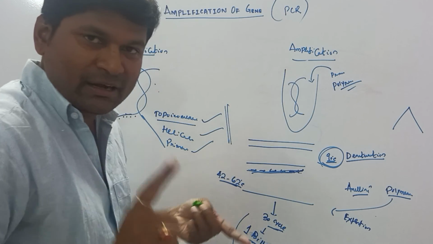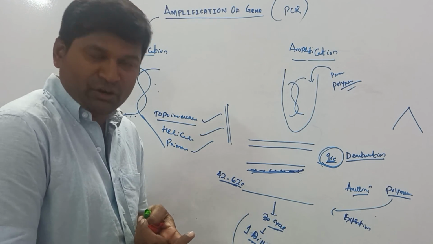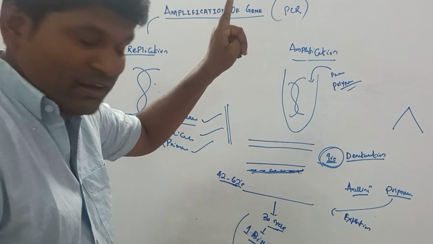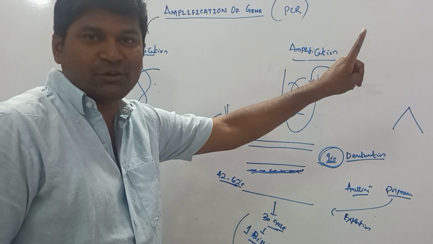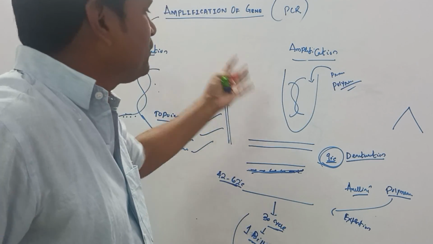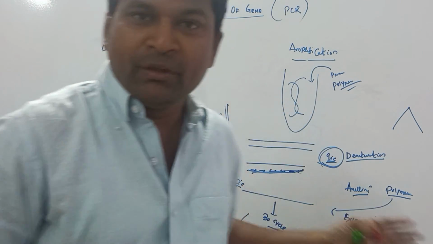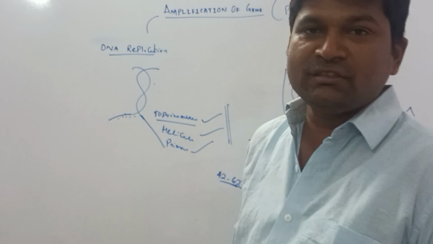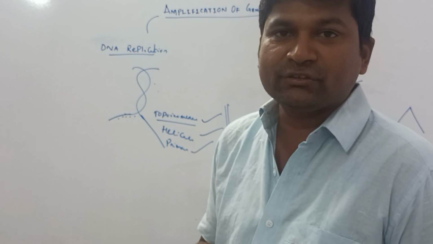What exactly is the story? The conclusion is we had a single gene sequence, and right now we have billions of gene sequences. How is this happening? This is happening through amplification. So amplification is nothing but a process of enhancing the number of gene sequences under laboratory conditions.